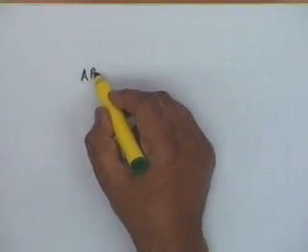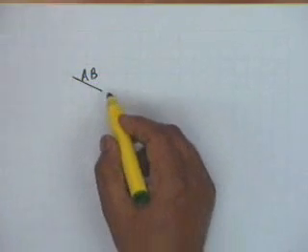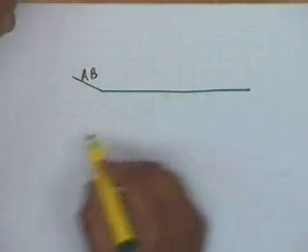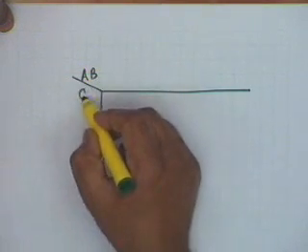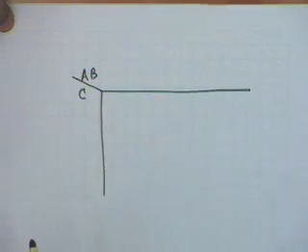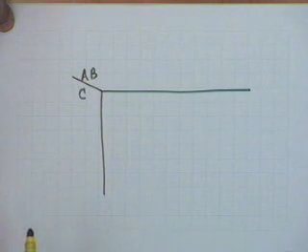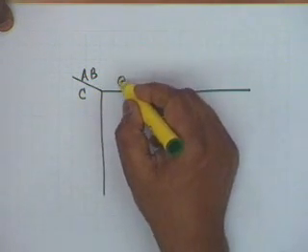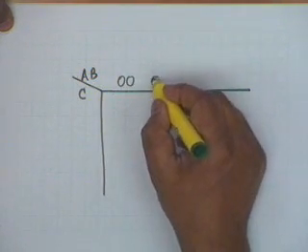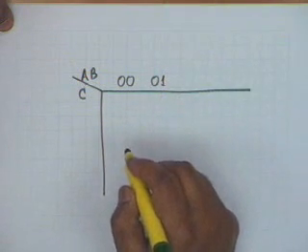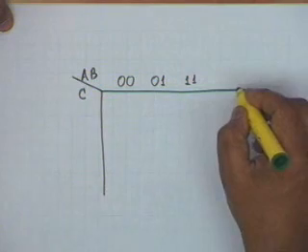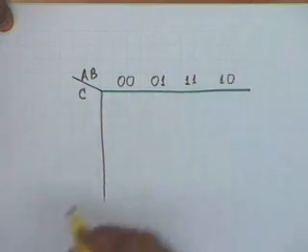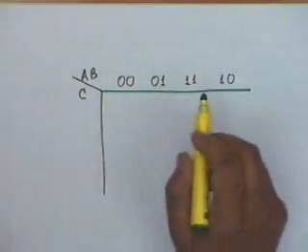What is done is that possible combinations of AB are written on the horizontal line. What are the possible combinations? 0 0, 0 1, 1 1, 1 0. There is a specific reason why we write this.